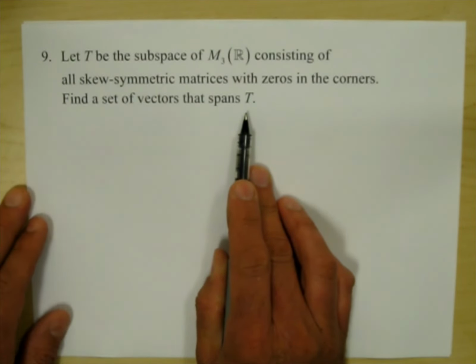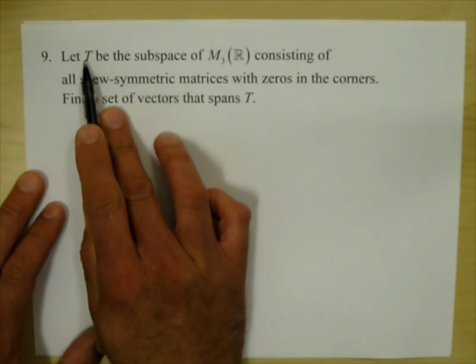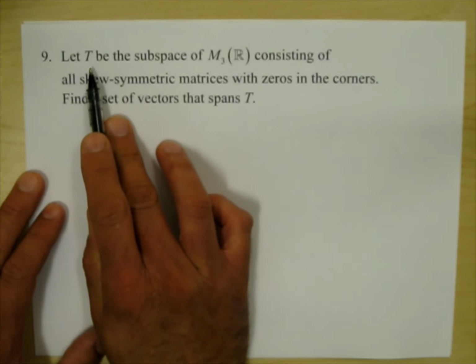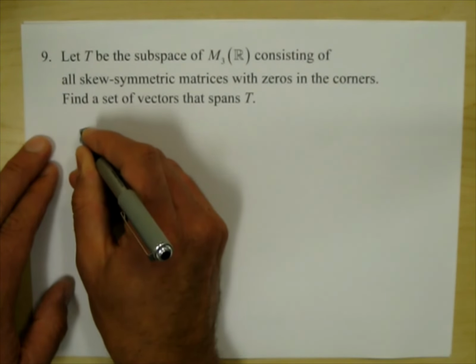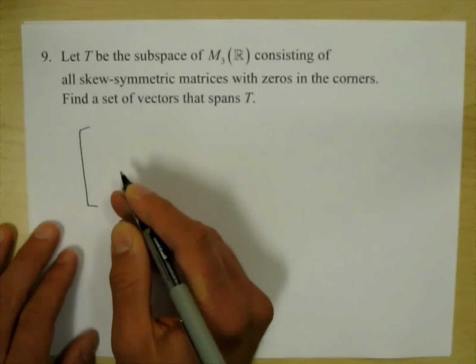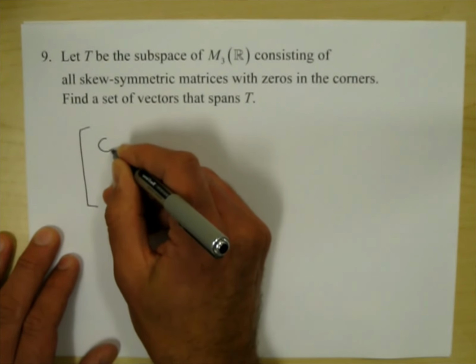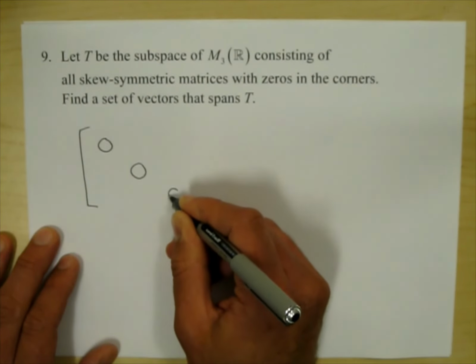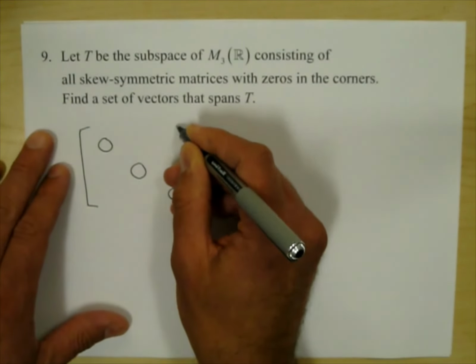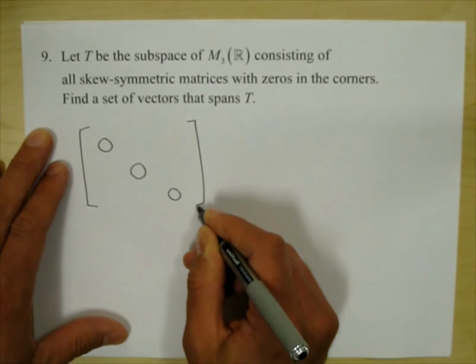So what we want to do is grab a general element from T, from that subspace of M3. A general element. So what do they tell us? They say skew-symmetric. That means zeros down the main diagonal. Now we can go back to the definition of skew-symmetric where it says A equals negative A transpose, but we'll just remember it this way.